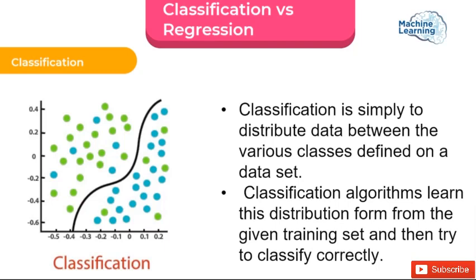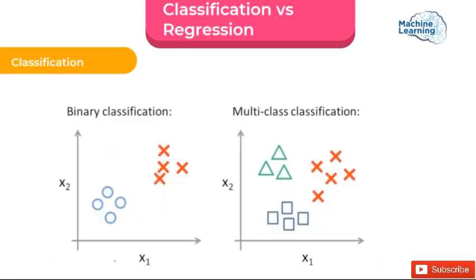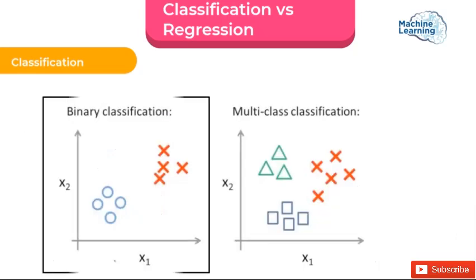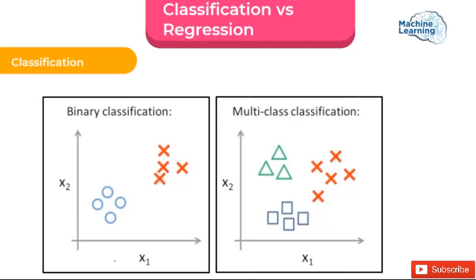The data is categorized under different labels according to some parameters, and then the labels are estimated for the data. If there are two classes, this is called binary classification. If there are more than two classes, it's known as multi-class classification.